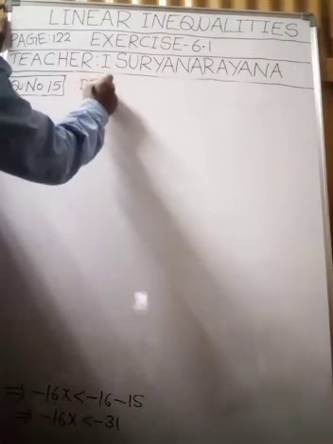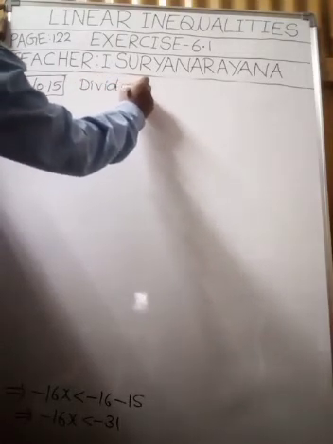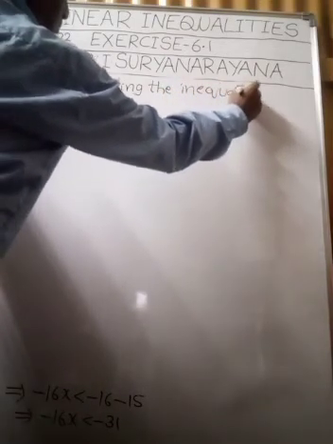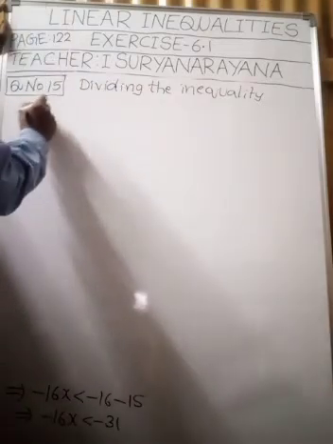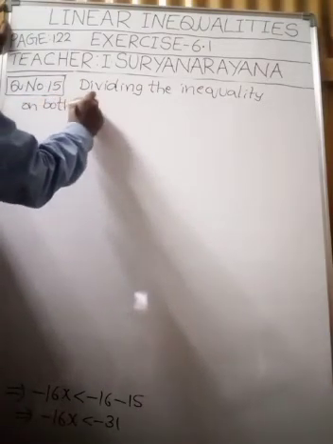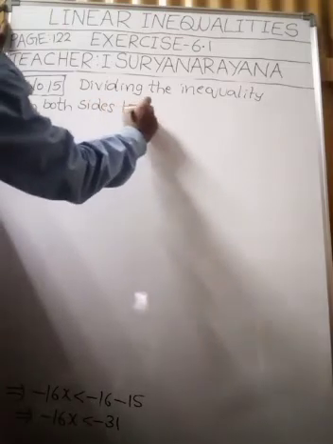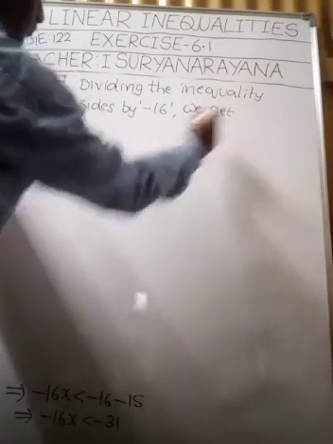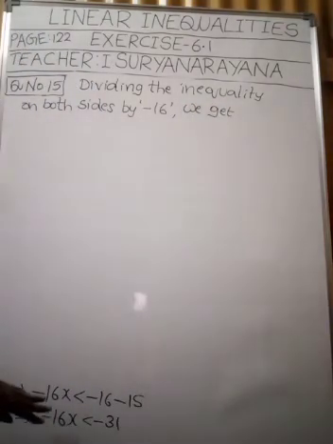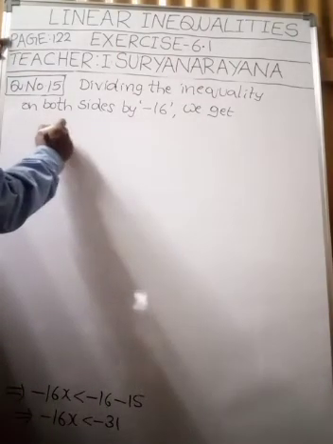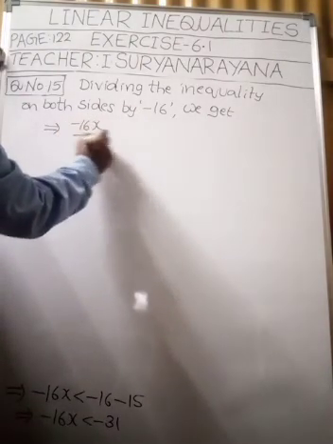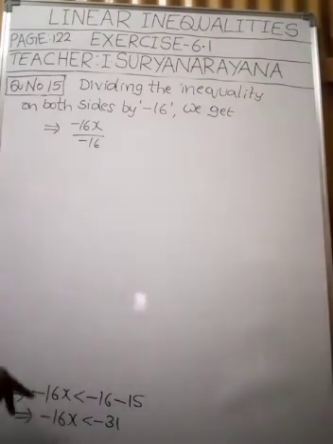On dividing this inequality on both sides by minus 16, we get, what will you get here? Minus 16x by minus 16. Please observe this step, my dear children.